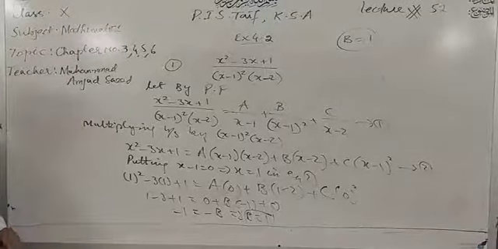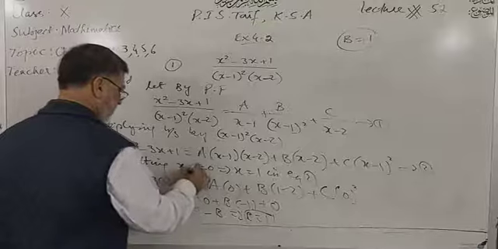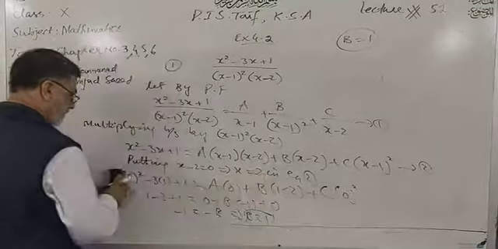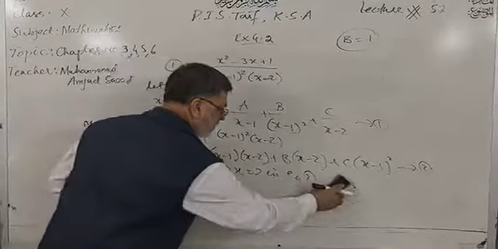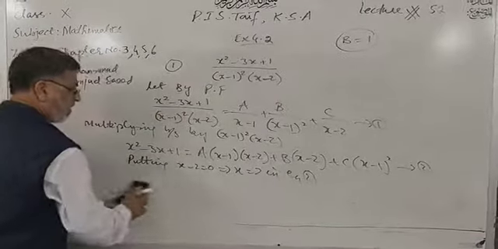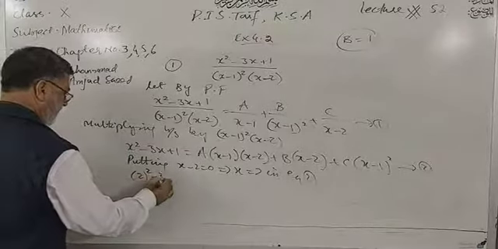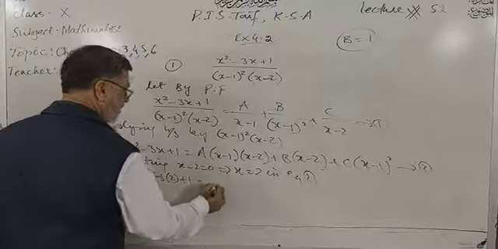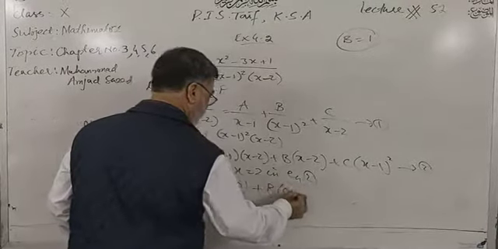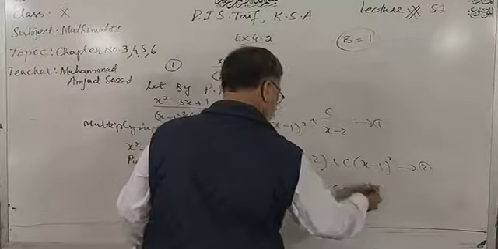After that, putting x − 2 = 0 implies that x = 2 in equation number 2. So we have 2² − 3(2) + 1 = A(x − 2), 0 here, plus B(0), this is x − 2, plus C(2 − 1)².